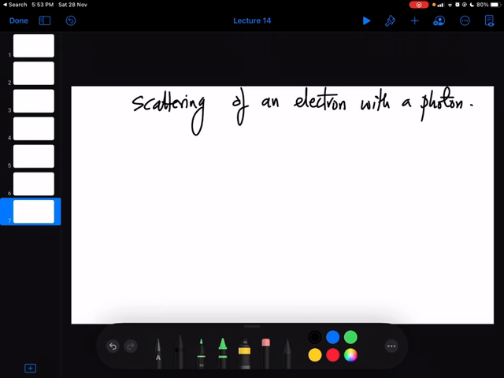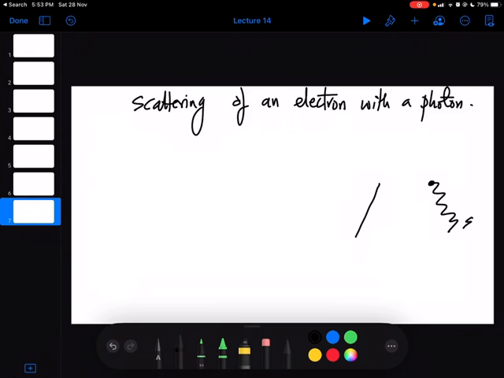So how do you draw this diagram? Let's just say that again we'll draw with an X. There is an electron coming in and there is a photon coming in.